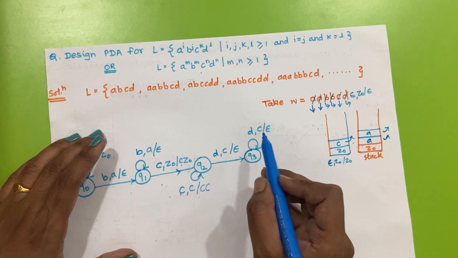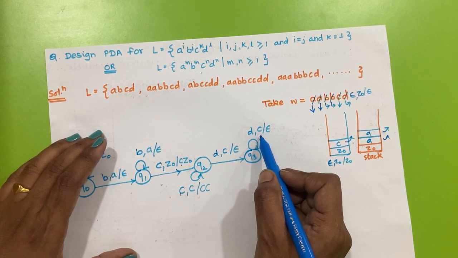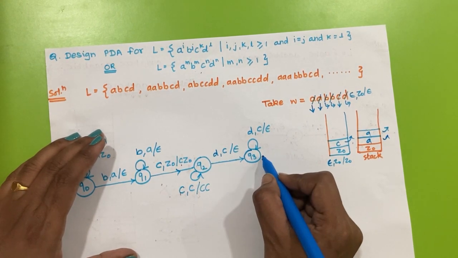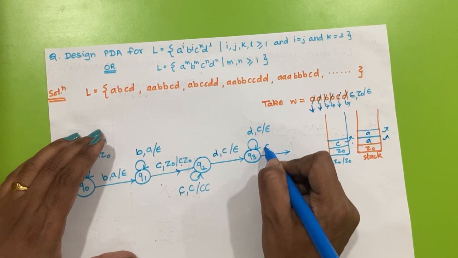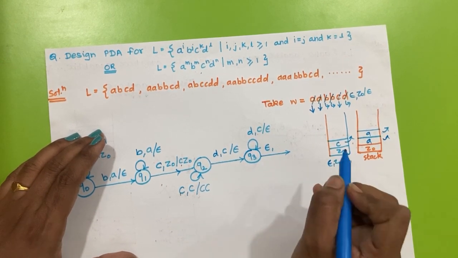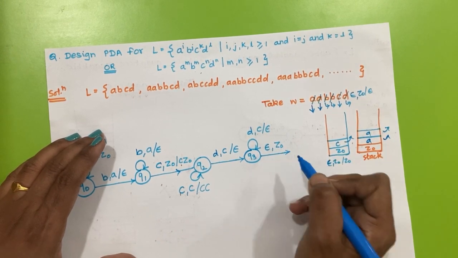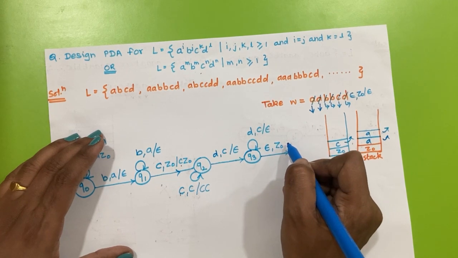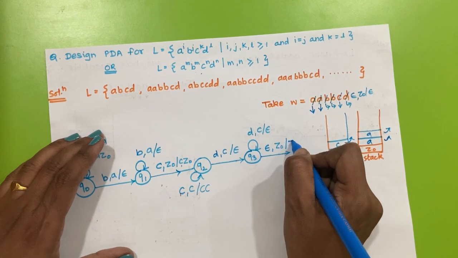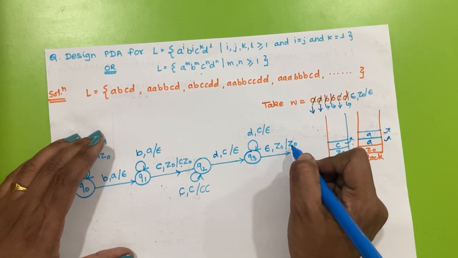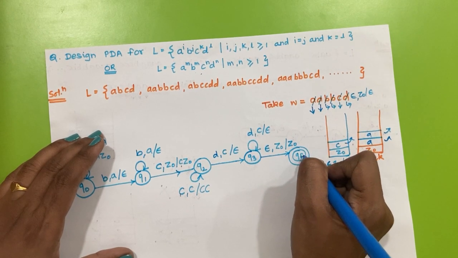After finishing all D's we will have input symbol empty. If we are reading empty, then it is expected that we should have top as Z0, and if that is the case and we want PDA by acceptance through final state, then the transition will be empty Z0 Z0. It will perform no operation, and this will be our final state.